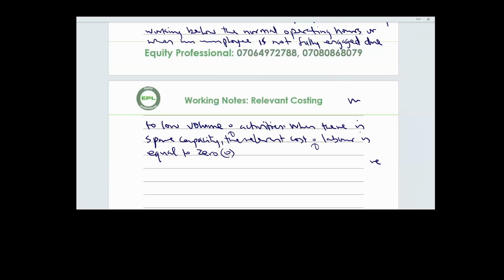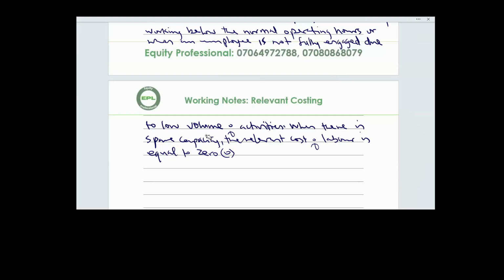That is, you will not charge anything. Anytime there is spare capacity, you are not going to charge anything because labor cost is equal to 0. That's the key thing there. That's the take home. Anytime there is spare capacity, relevant cost is equal to 0.